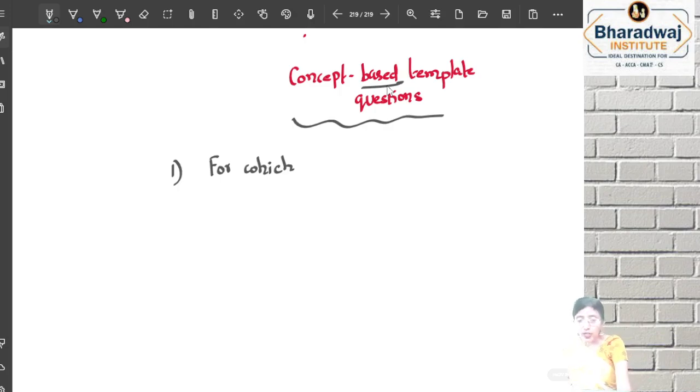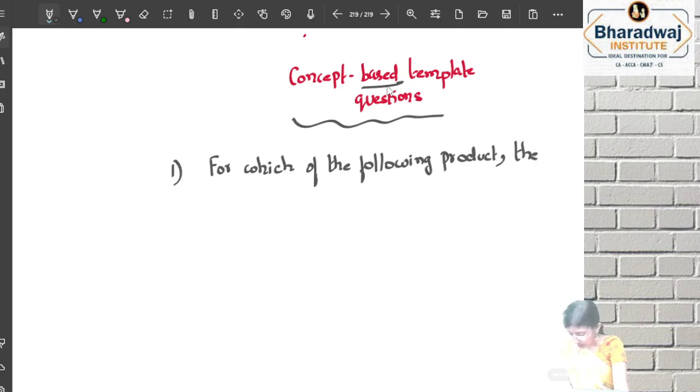For which of the following products, the elasticity of demand is highly elastic? I'm planning to give at least 3 questions here.